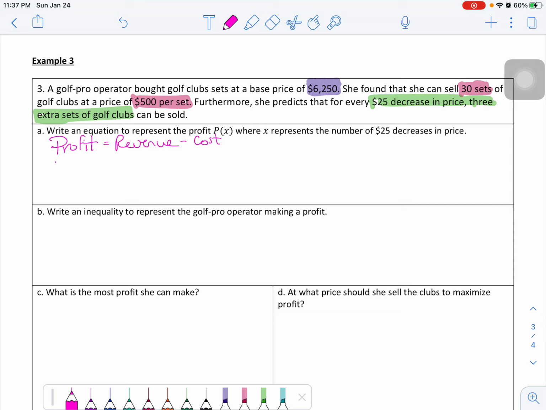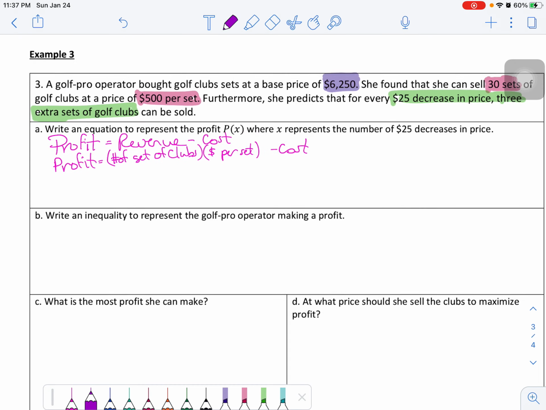And in this case, our revenue is going to be the number of sets of clubs. All right, let me get specific here. Number of sets of clubs, and then I'm going to put money for cost per set, and then minus the overall cost.